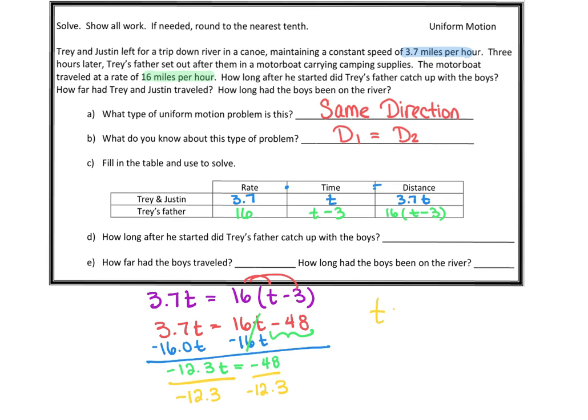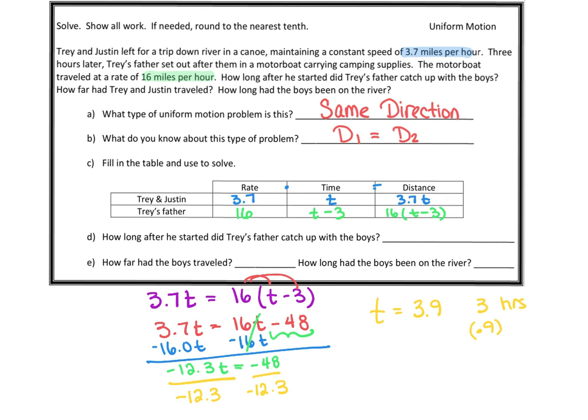So your time is approximately 3.9. And it's okay to round your time to the nearest one decimal place, because if you get multiple decimal places for time, it's going to be weird when you multiply it for your minutes. What did we just solve for? Which time for whom? We solved for Trey and Justin. So once again, I'm going to take that 3, and that is my hours.